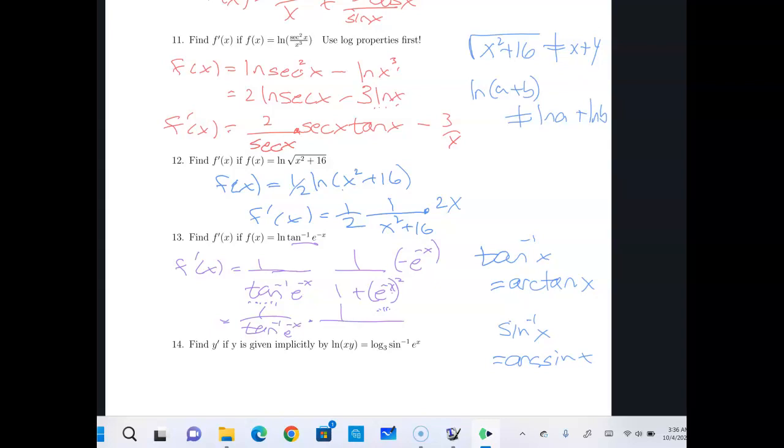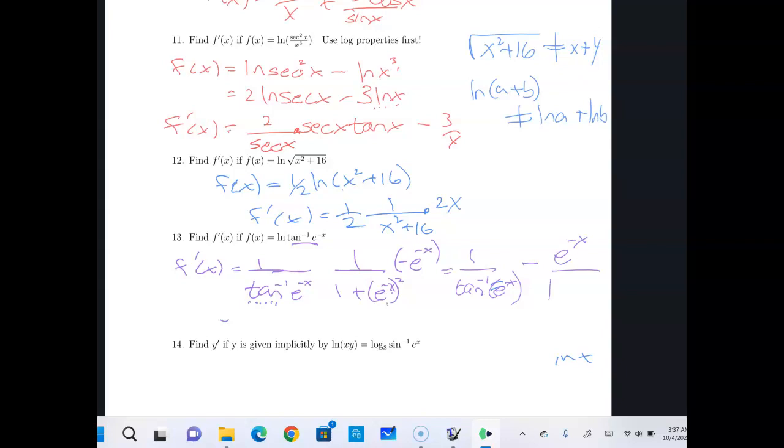So this turns out to be 1, let me put it over here, this is way too tight. Okay, so this one stays the same, e to the -x. So I'd have a minus e to the -x, and it'd be 1 plus, and you multiply these exponents, so e to the -2x.